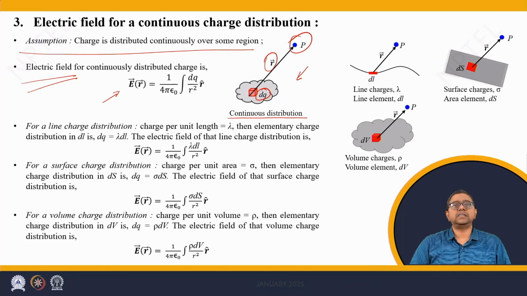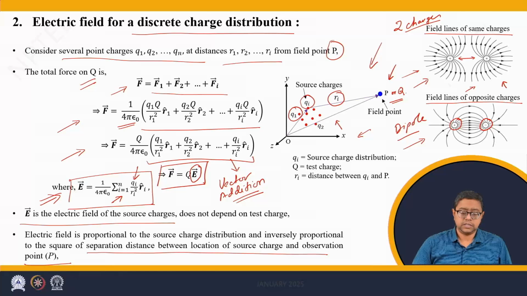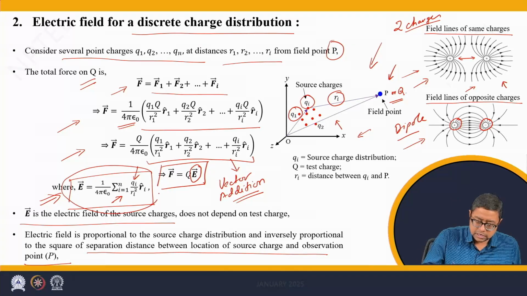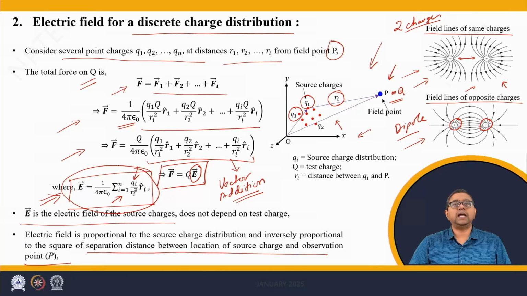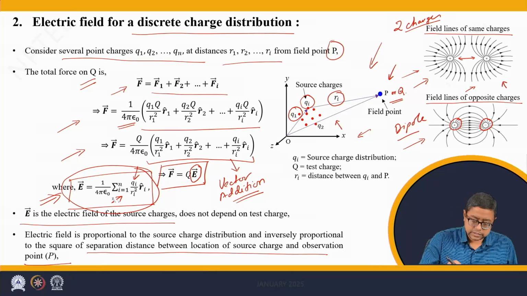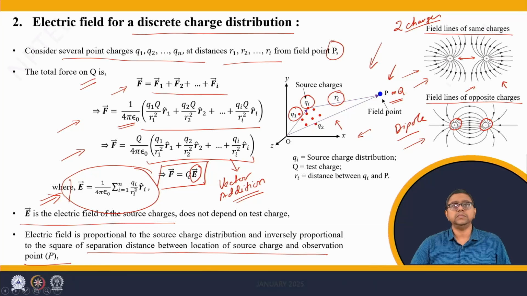Now, we can understand this from a simple analogy. Have a look at this expression. We have the common factor 1 by 4 pi epsilon followed by a summation. This summation occurs because the charges are discrete points.